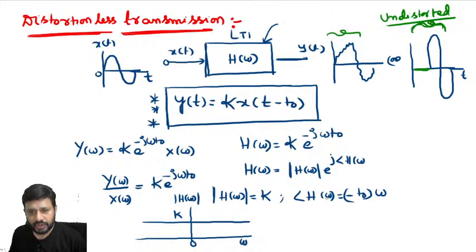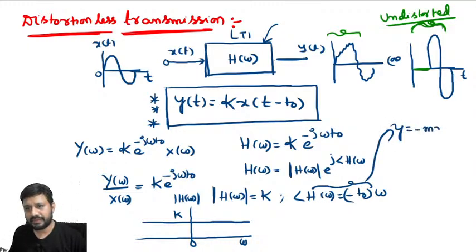Right? Now how are you going to plot the phase? See, if you observe, this is in the form of y is equal to mx, where the slope is minus t naught.